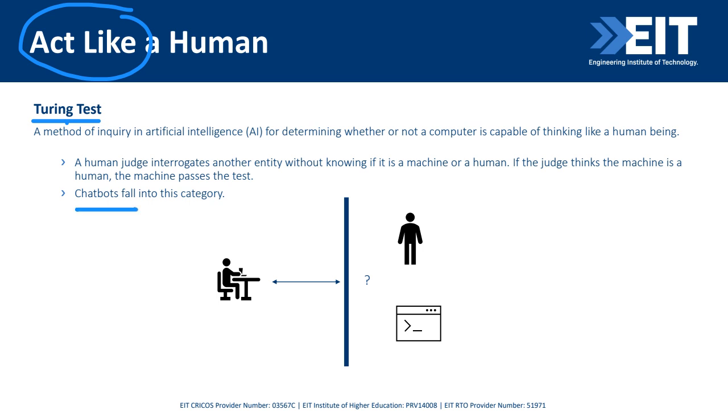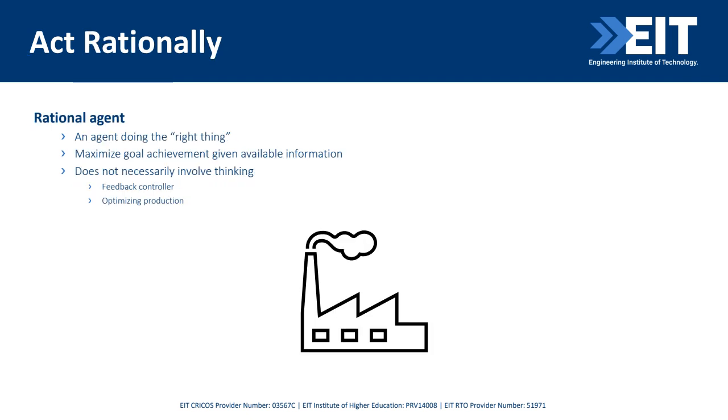You can also gauge intelligence by checking if a certain system or agent is acting rationally, is doing the right thing. Like, for example, optimizing. I would use a system that will optimize production. It will tell me that I should be operating at this particular temperature.